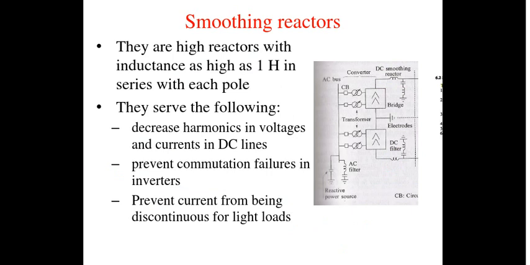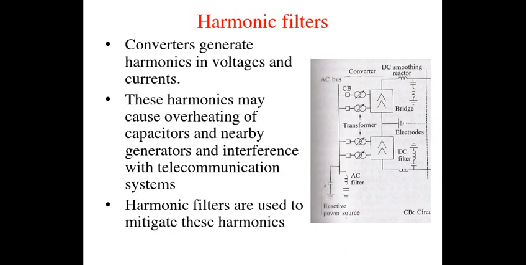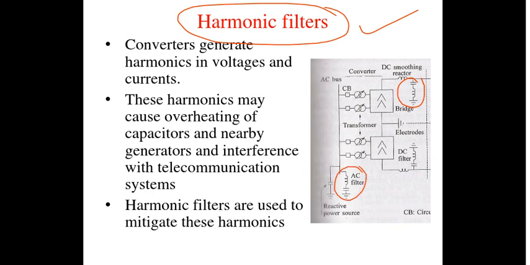Okay, now after having seen the smoothing reactors, the next aspect we have to see in this particular case is the harmonic filters, right? Whenever I speak about the harmonic filter, you can see here there are certain filters on the AC side also. What I mean by the harmonic filters is that they are basically used to mitigate the harmonics, right?